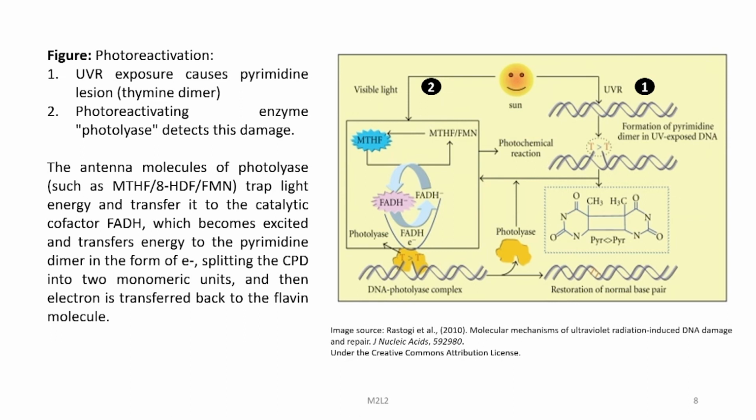Whenever there is UV exposure, this causes pyrimidine lesions, for example, the thymidine dimer formation, which we have discussed now and then. Whenever these thymine dimers form, the photolyase, or the photoreactivating enzyme, detects this damage.